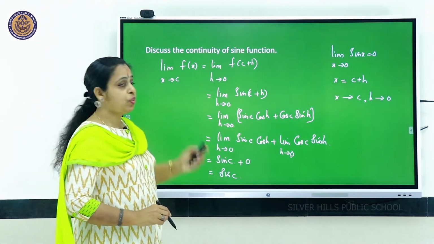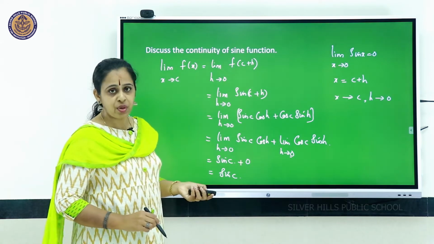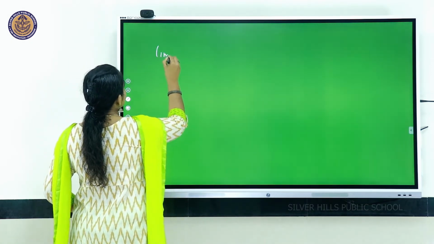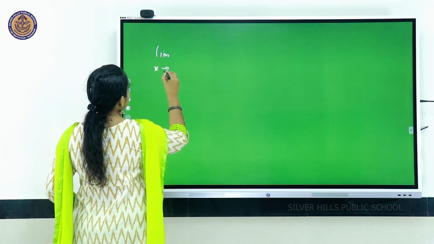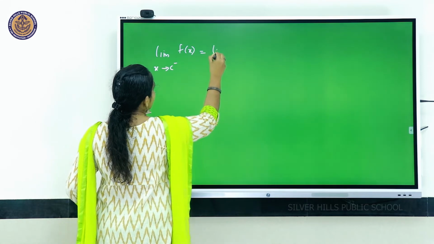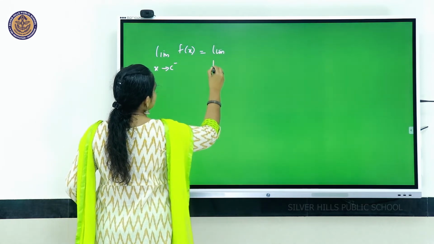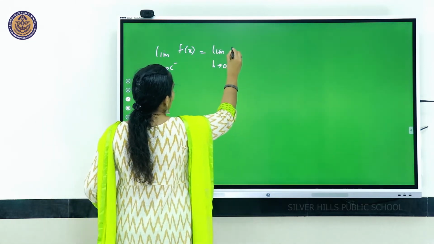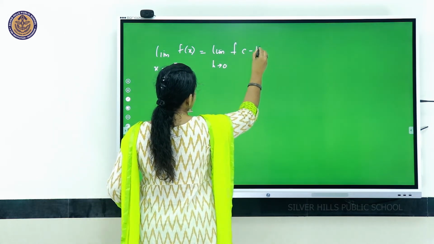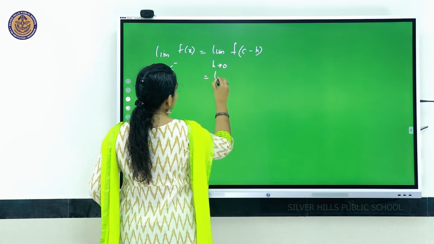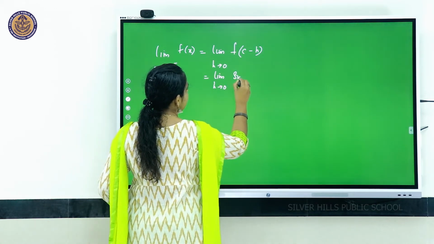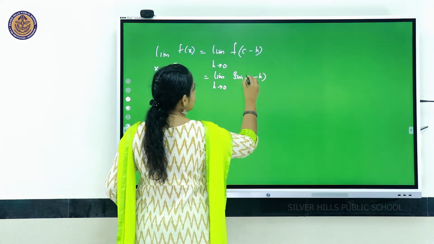Let us see when we approach through the left side, what happens? Limit x tending to C minus of f of x will be limit h tending to 0 of f of C minus h, equal to limit h tending to 0 of sin of C minus h.